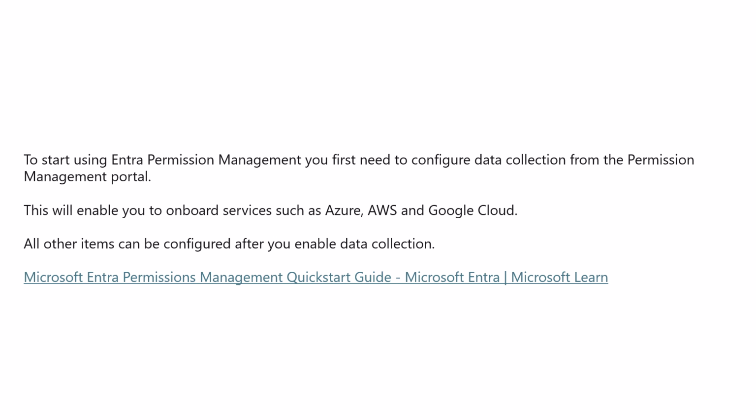To start using Entra permission management, you first need to configure data collection from the permission management portal, which we just saw over there. This will enable you to onboard services such as Azure, AWS, and Google Cloud. All other items can be configured after you enable data collection.